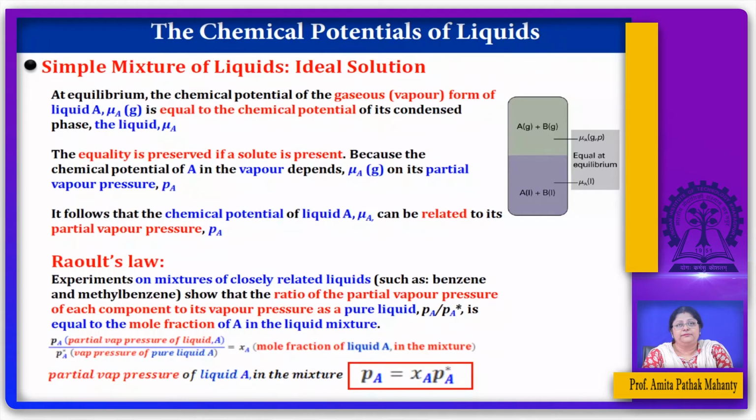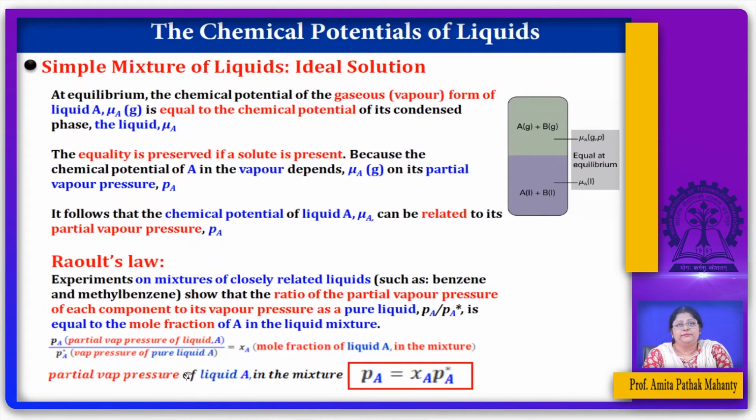And how long is it valid? What he observed was for a large number of structurally similar compounds, one considered as a solvent and the other as a solute. For those solution mixtures, the ratio of the partial pressure of component A to the vapor pressure of that component in the pure state is equal to the mole fraction of A in the solution.